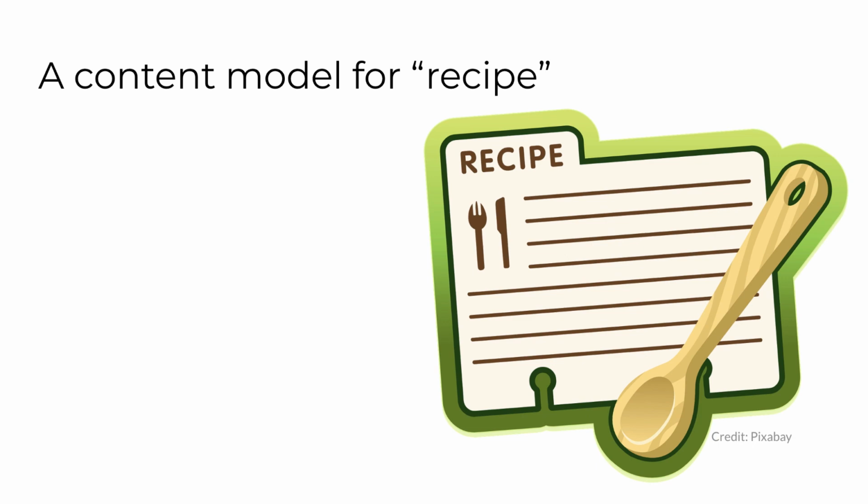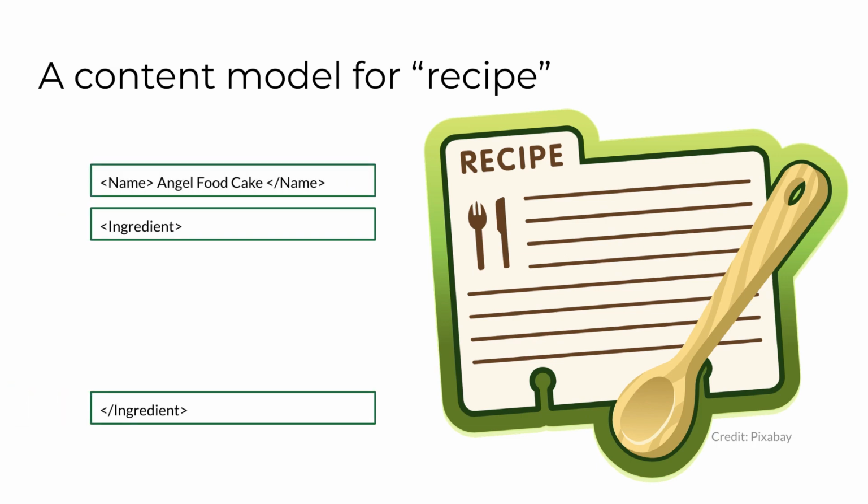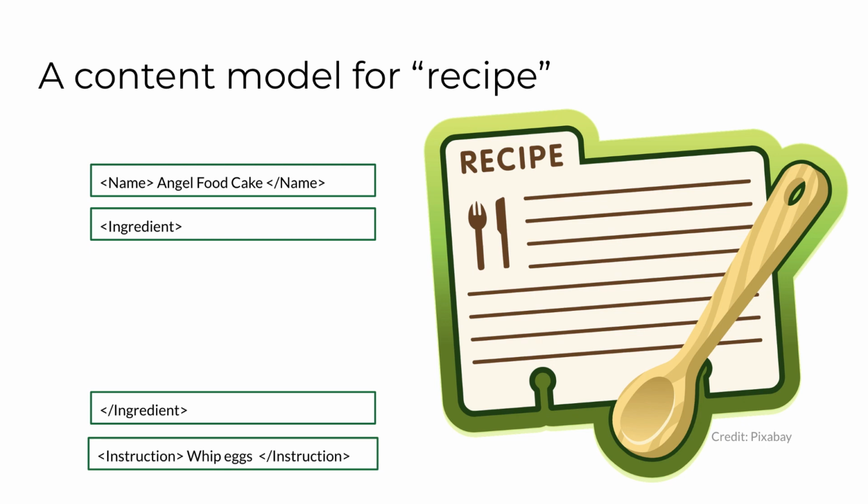So, for every content type, we have to recognize what types of elements are common to all instances of that type. For example, all recipes need a name. They need ingredients. They need instructions. In our model, we can ensure that every recipe has content for instruction. It's a required element.